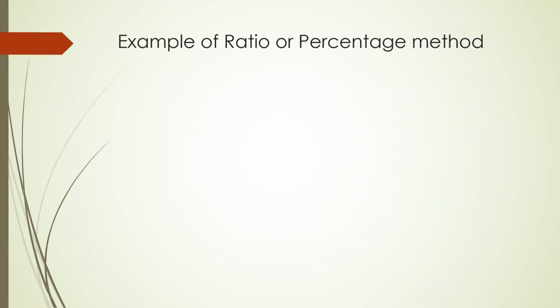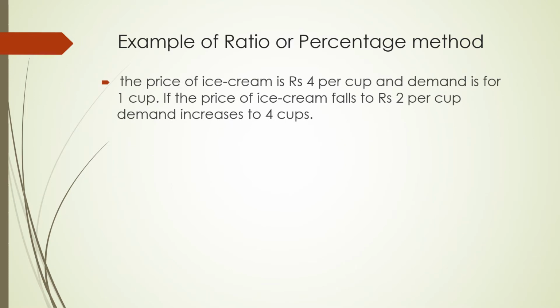Here is an example of the ratio or percentage method. The price of ice cream is rupees 4 per cup and demand is for 1 cup. If the price of ice cream falls from rupees 4 to 2 per cup, demand of ice cream increases from 1 cup to 4 cups. Now class, it's very easy to learn.